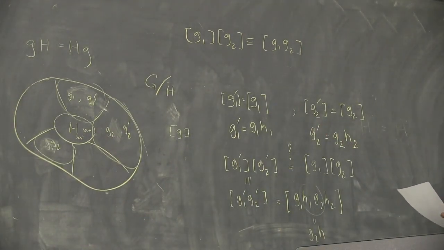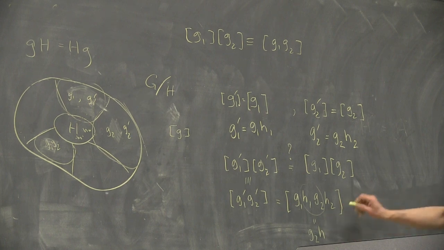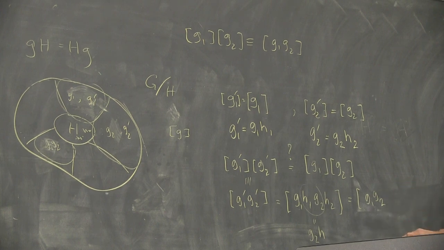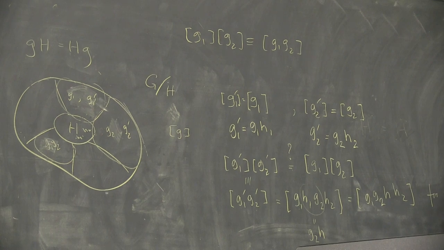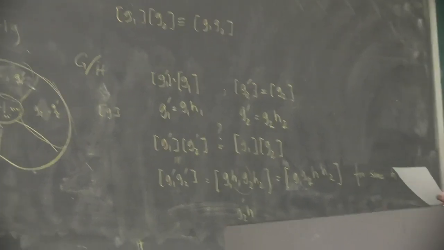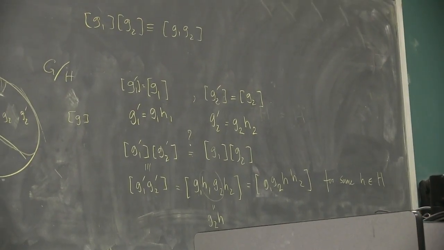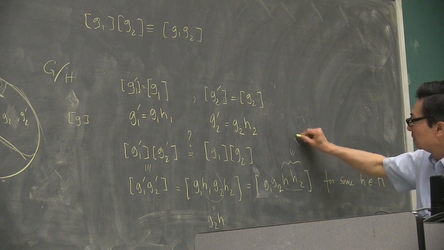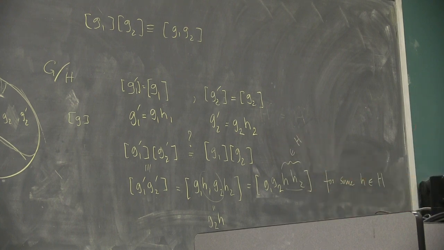And so this becomes, for some, so this is equal to, let me just write out first, I'm sorry, G1, G2, H multiplied by H2, like that, for some H in big H, okay? Now, this is obviously some element in H, because H is a subgroup, okay?